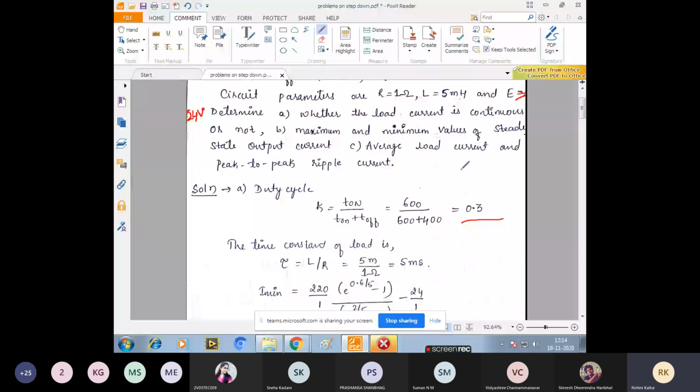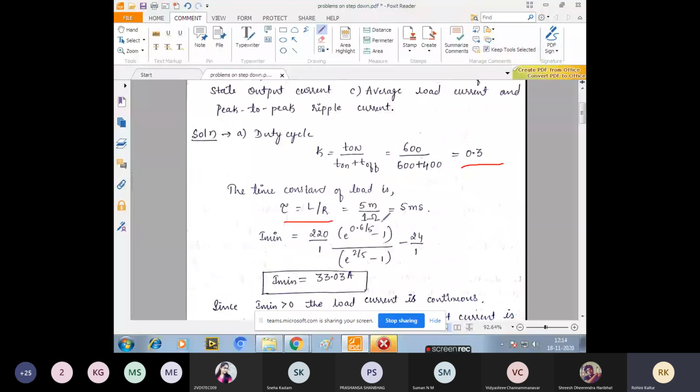Then the time constant tau, which is defined as L divided by R. So L divided by R gives me tau, which is equal to 5 milliseconds. Then we have I minimum, which is Vs divided by R into e to the power 2 times K divided by tau minus 1, whole divided by e to the power 2 by tau minus 1, minus 24 divided by 1.